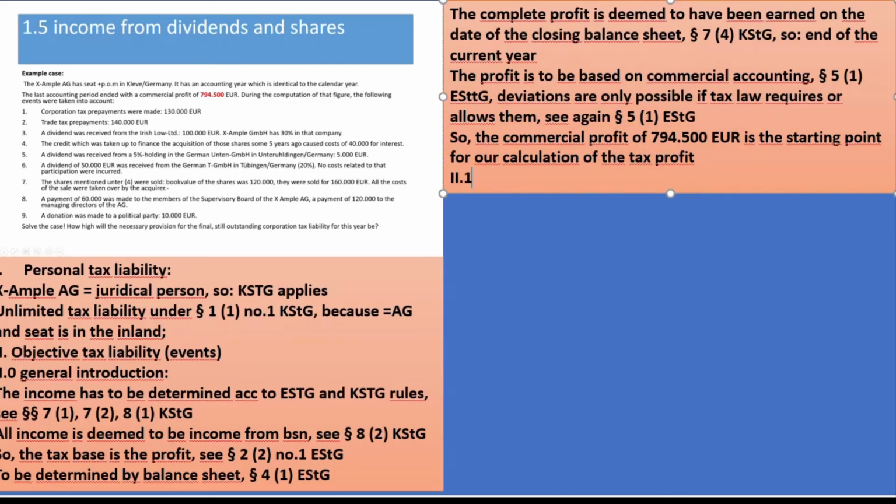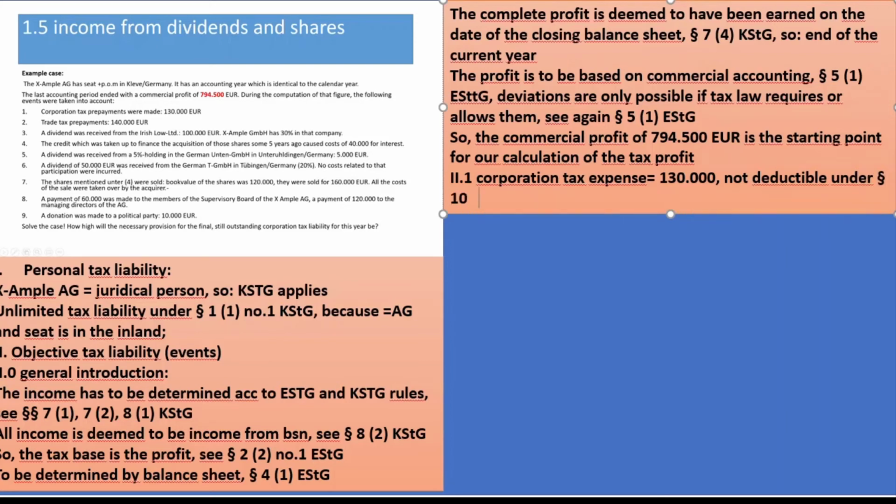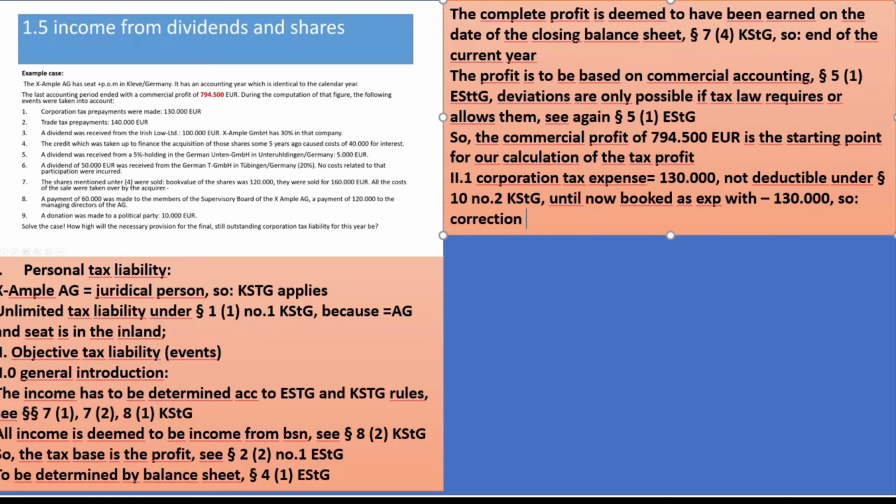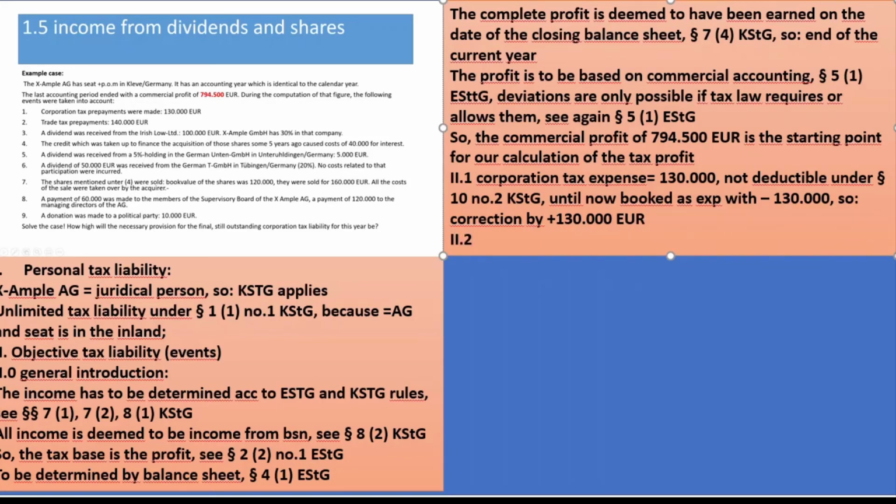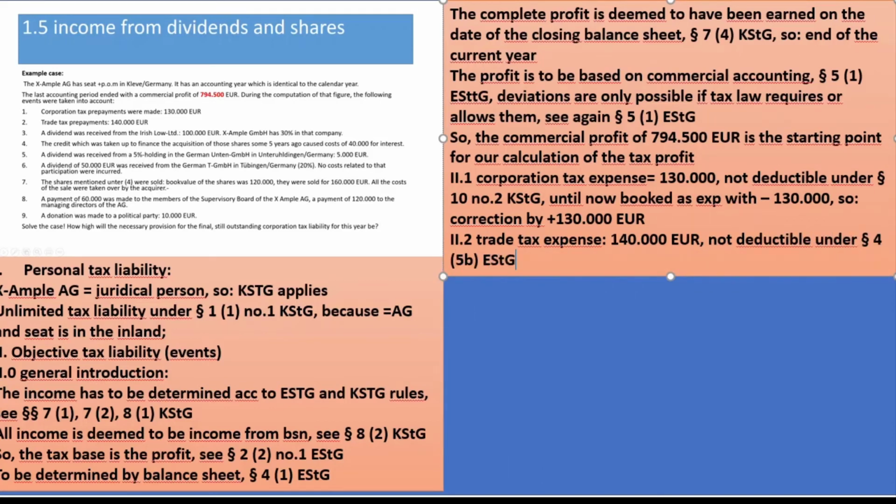Now 2.1, corporation tax expense, clear case. 130,000 not deductible under paragraph 10 number 2 KStG, until now booked as expense with minus 130,000, so correction by adding back the 130,000. 2.2, trade tax expense, 140,000 euro not deductible under paragraph 4, 5b EStG.